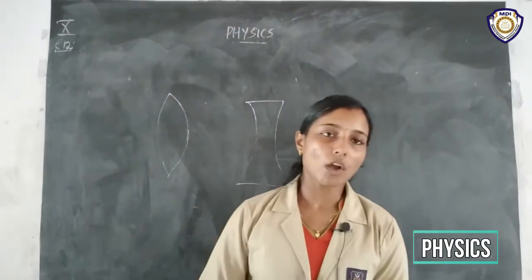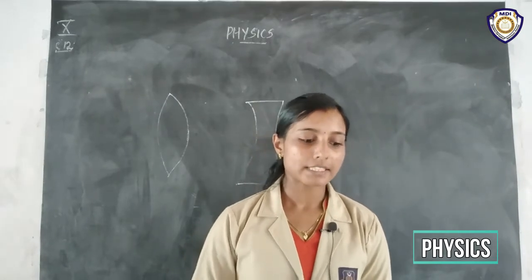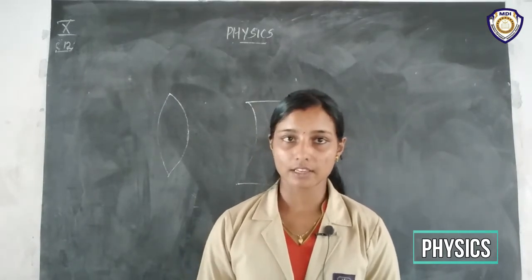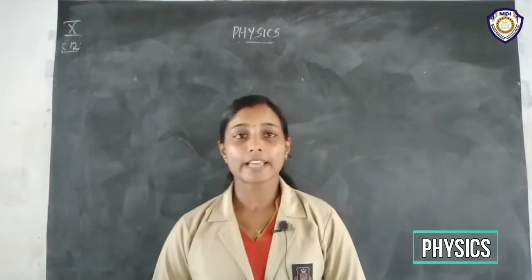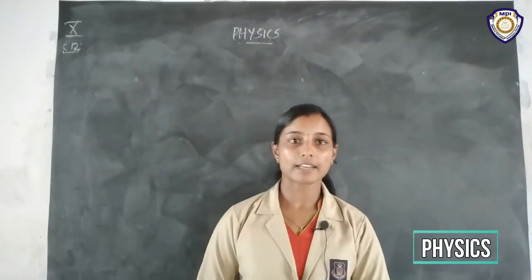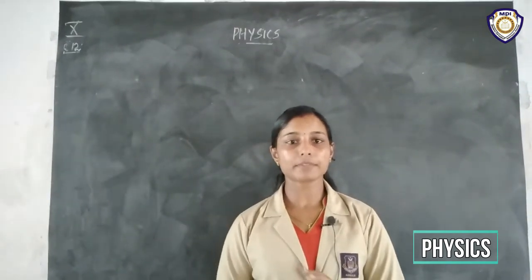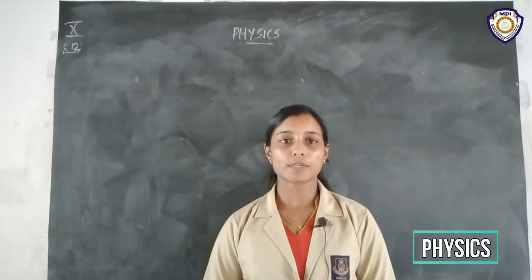When we talk about focal length, we generally talk about the second principal focus, right? For lenses also we follow sign conventions similar to those used for spherical mirrors, except the measurements are taken from the optical center.